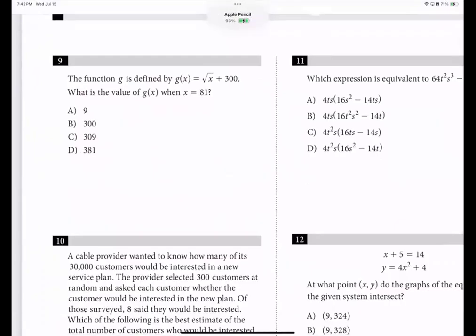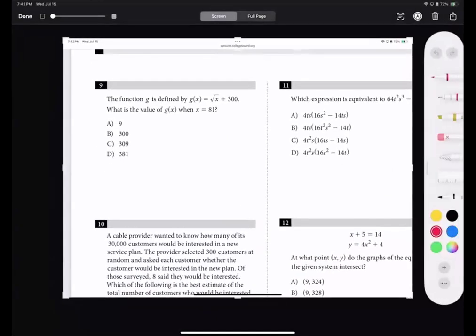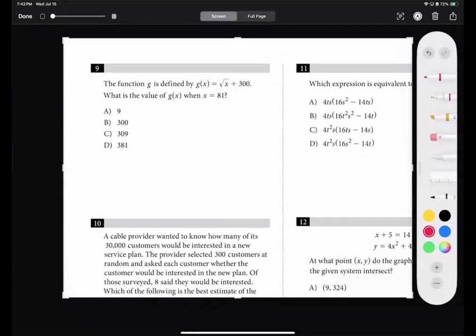Next one. C. The function g is defined by g of x equals the square root of x plus 300.